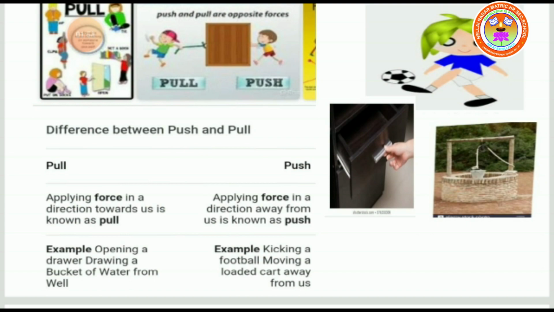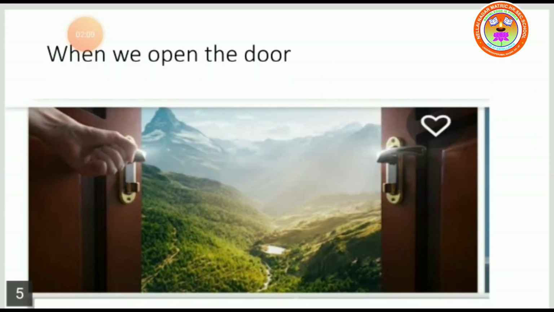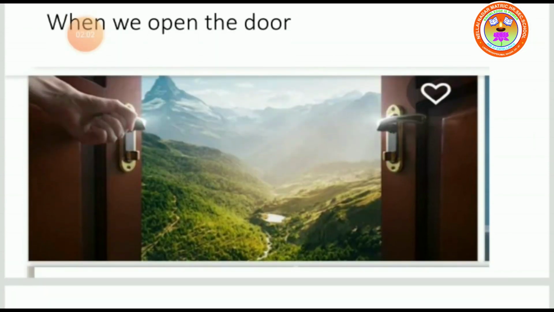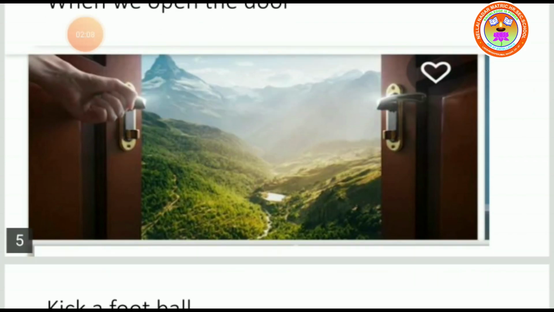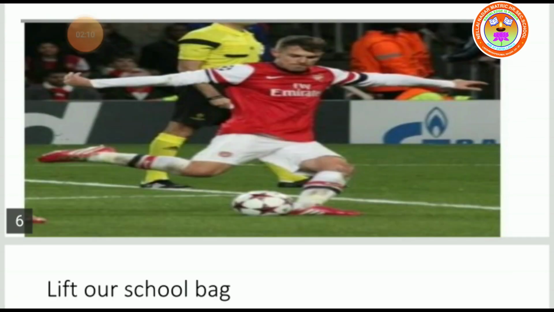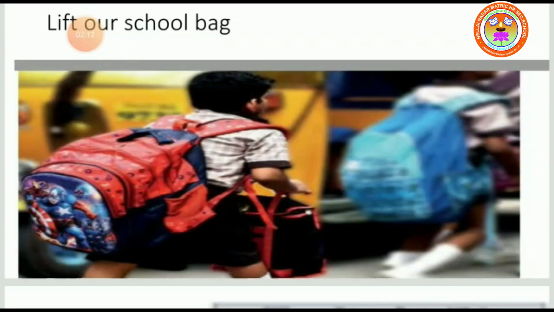Examples: kicking a football, moving a loaded cart away from us. Some examples of push and pull are when we open the door, kick a football, lift our school bag.